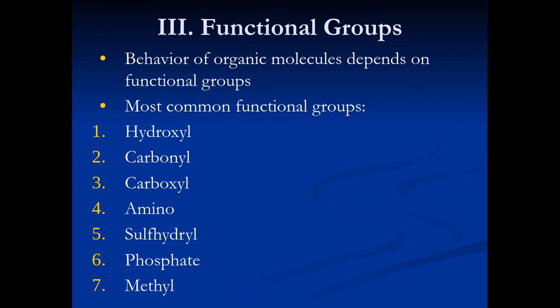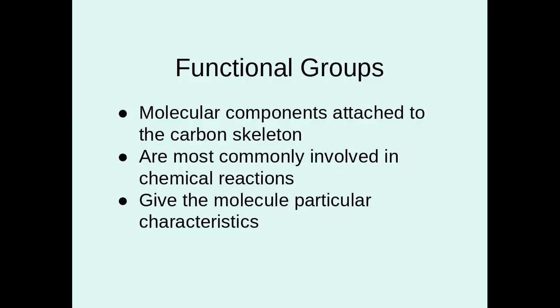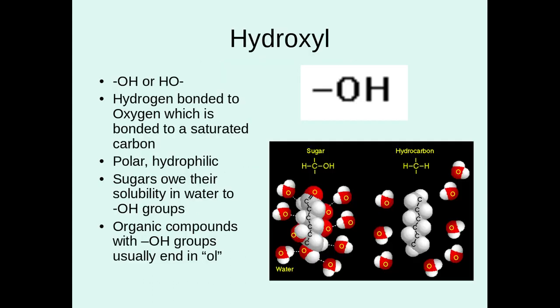Now, what happens is when you stick these on to carbon skeletons, they end up changing the function of that or change the properties of that hydrocarbon. So these functional groups actually give them different functions. So functional groups, molecular components attached to the carbon skeleton are mostly involved in chemical reactions, and they give the molecule a particular set of characteristics.